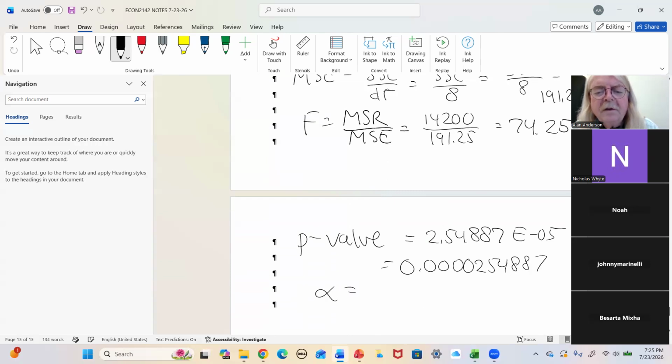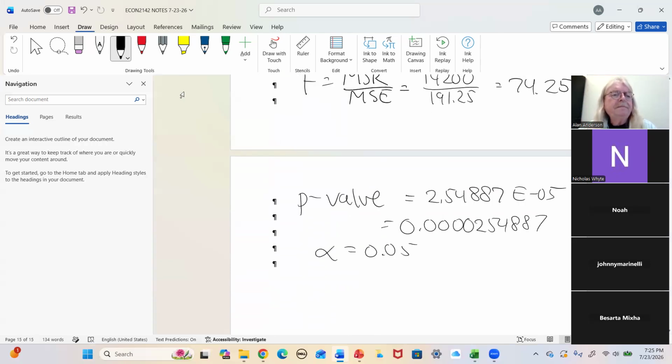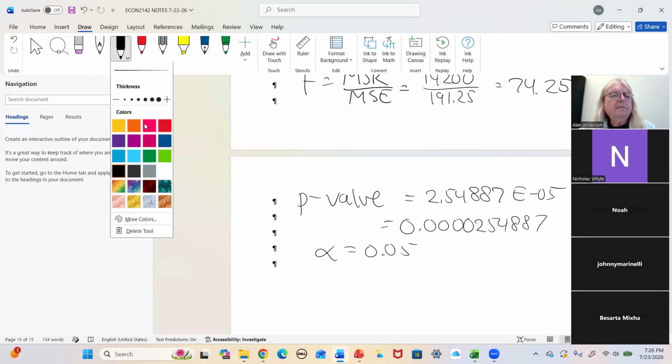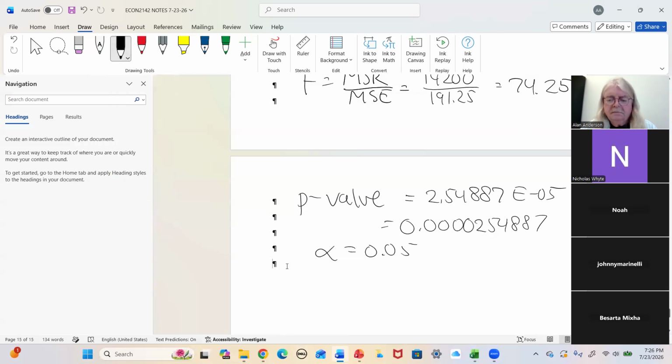Of course, alpha is usually assumed to be 0.05. And that means that the p-value is less than alpha.